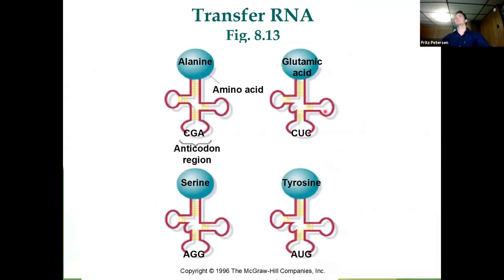This results in your tRNA taking this shape where you have your anticodon region at the bottom, your tRNA molecule in the middle, and then your amino acid at the top. Just to clarify, this anticodon region is still part of your tRNA. Your tRNA with the amino acid attached to it will now be moving to the ribosome so that the polypeptide chain can be synthesized.